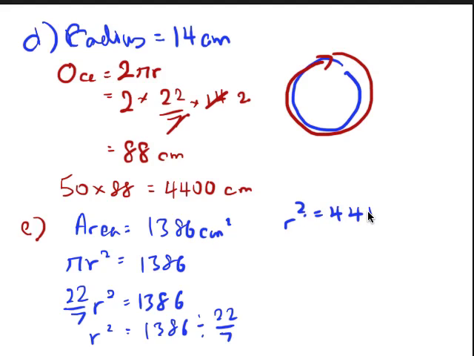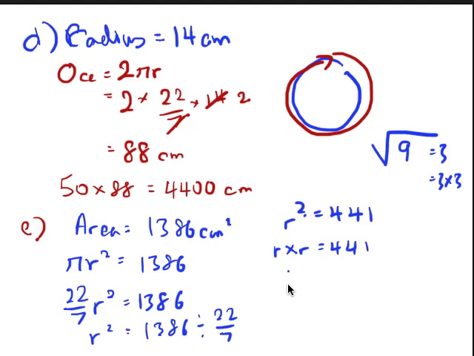Now, if r squared, which is r times r, equals 441, how do we find r? I believe you have learned this topic called square root, right? For example, square root of 9 equals 3. In other words, it equals 3 times 3. Understand?